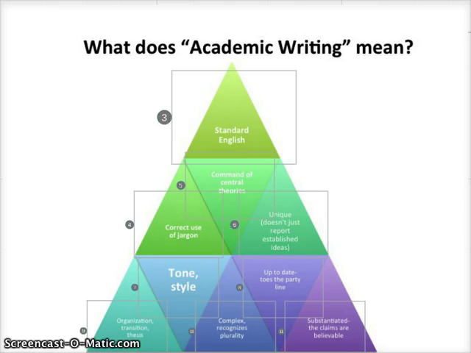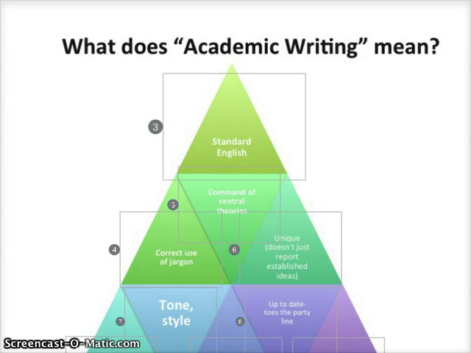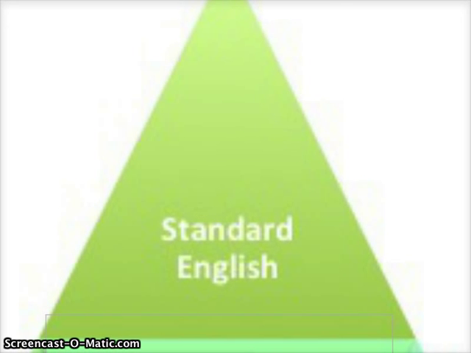And so in this case, I think this pyramid has a number of components required for something to be academic writing. Now, the first one is really what that word cloud showed. What we learn in junior high and high school is you need to have good standard English usage in your article or in your dissertation.